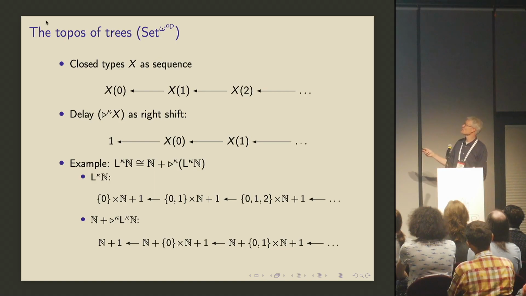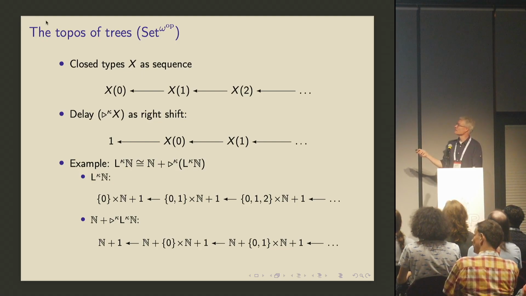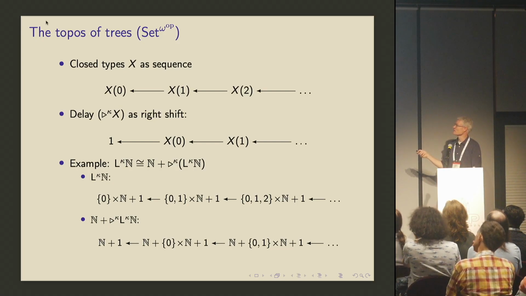In the topos of trees, a closed type at least is modeled as a family of sets with maps between them, so a natural number indexed family of sets. And you can think of X of 2 as the type as it looks if you have 2 steps to reason about it. And then the delay here shifts the sequence to the right and introduces a singleton here.